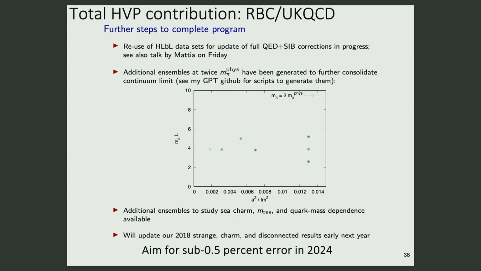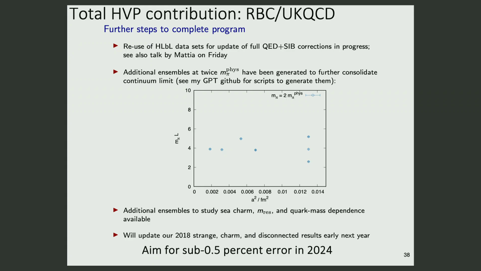Our goal is to have sub 0.5% for absolutely everything, let's say by the middle of next year, or sometime next year. I hope it's by the middle of next year when Shoji and company host the next muon g-2 theory initiative meeting at KEK. But we'll see how it goes. Once we get the long distance part done, the rest of this stuff should come quickly.